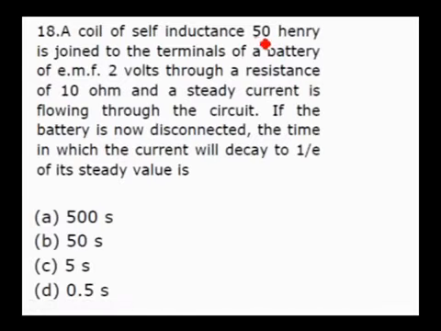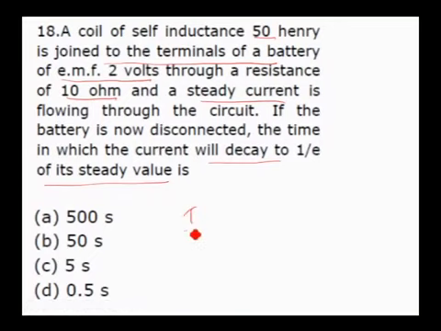A coil of self-inductance 50 Henry is joined to the terminals of a battery of EMF 2 volt through a resistance of 10 ohm. A steady current is flowing through the circuit. If the battery is now disconnected, find the time in which the current will decay to 1 by e of its steady value. This has been explained in the case where the current increases exponentially; look at the variation of current with R by L into t.